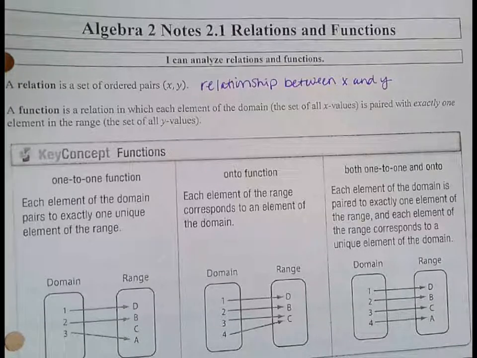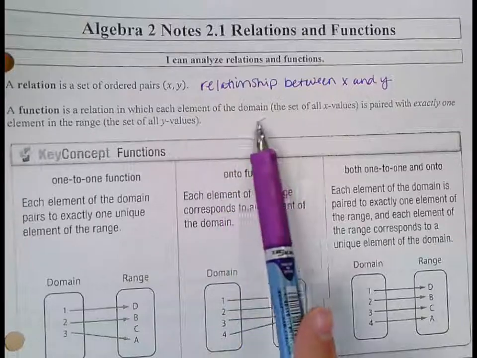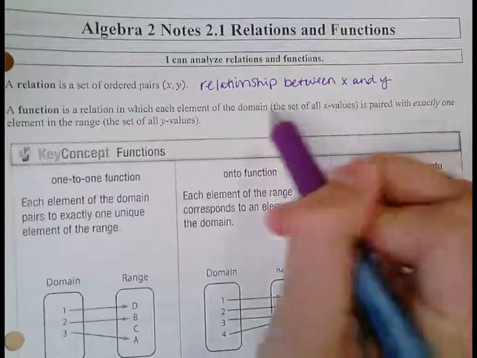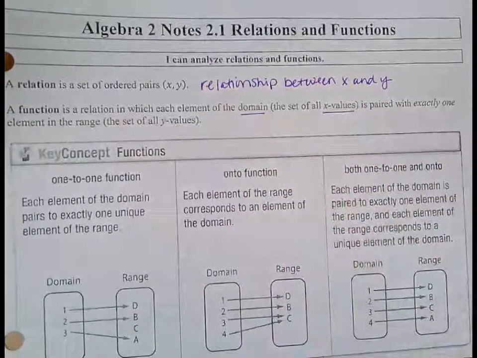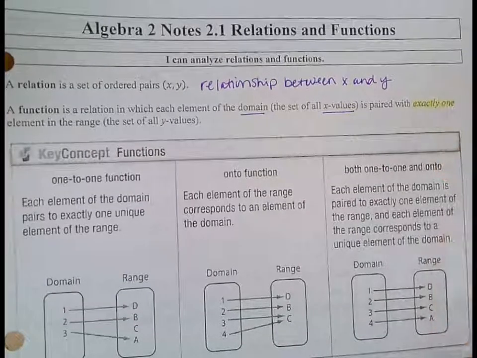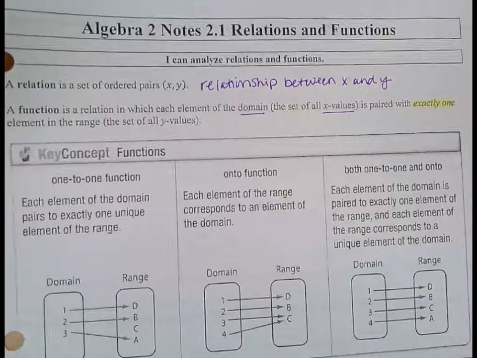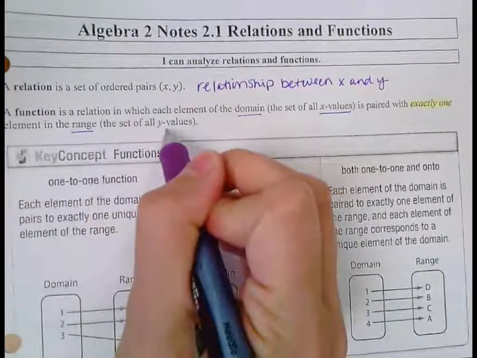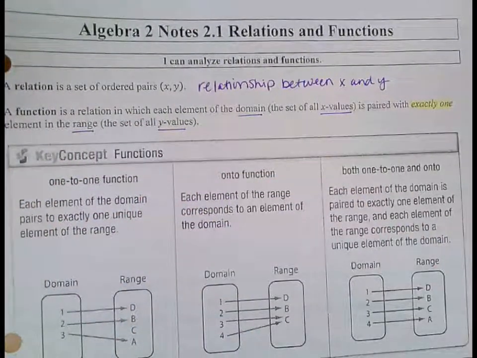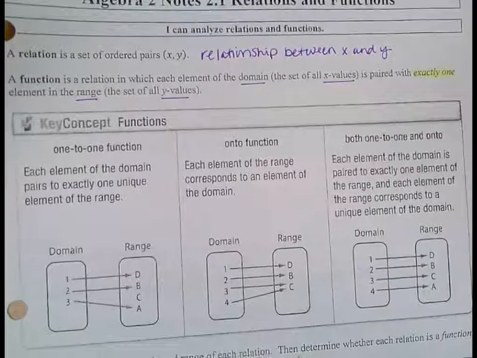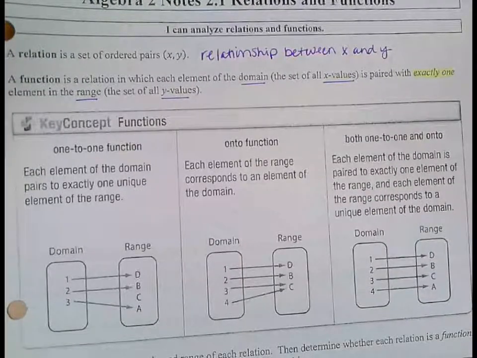And then a function is a specific type of relation. So it's a relation in which each element of the domain, which is the set of all of the X values, is paired with exactly one element in the range, which is the set of all of the Y values. So there's kind of three definitions there that are being reviewed. First of all, the domain is the set of all of the X values in a relation.